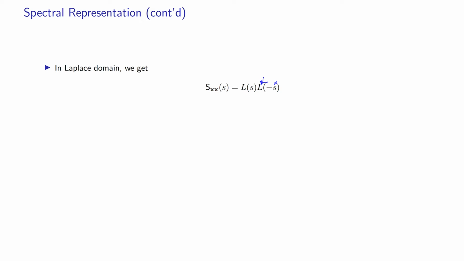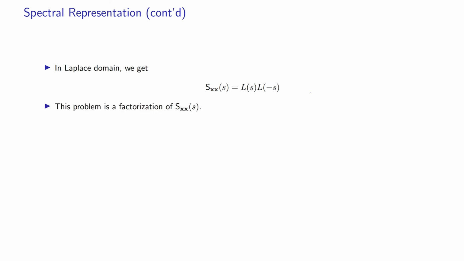For the digital domain, instead of s, you work in the Z domain. In that case, you say x of z is equal to L of z, and then you get L conjugate of, instead of minus s, 1 over z conjugate. And if parameters are real, you don't need to put any conjugation.